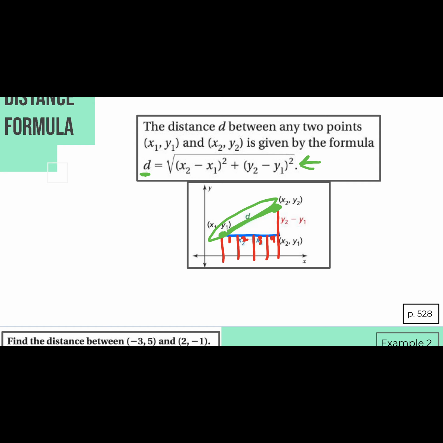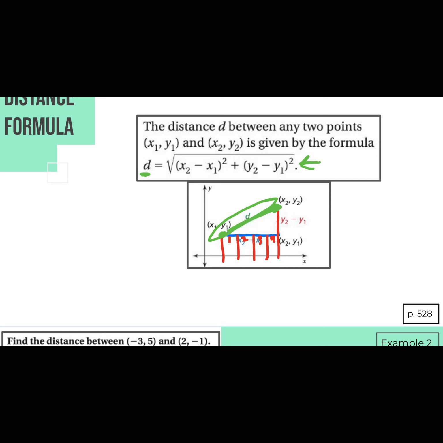So again, we really like horizontal and vertical lines, so we can just count boxes to find the length of those. Any type of line that's diagonal, then we need to use the distance formula. Okay?